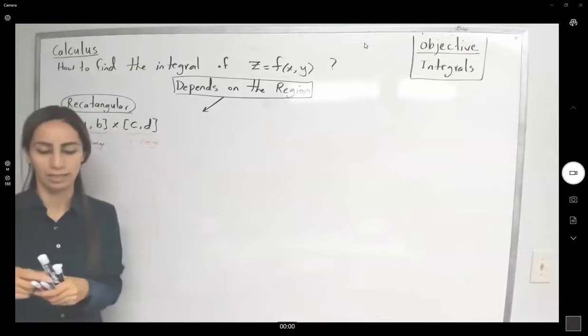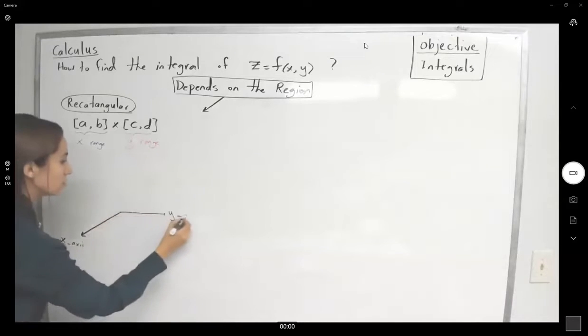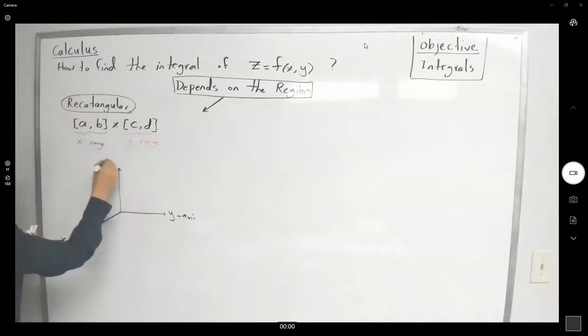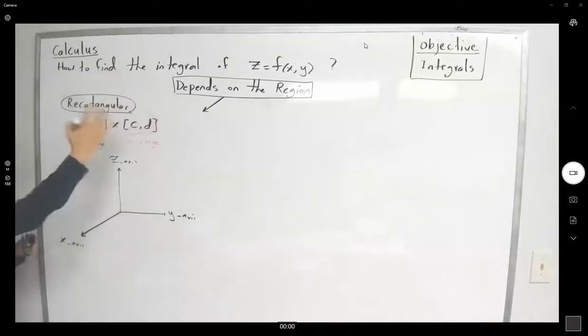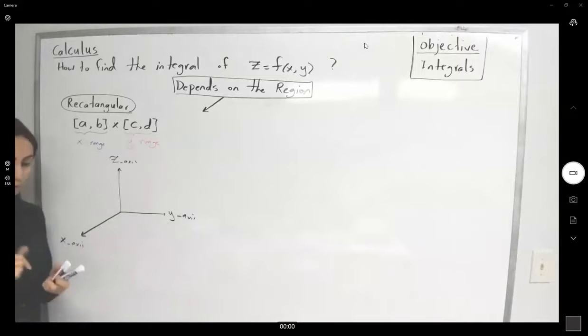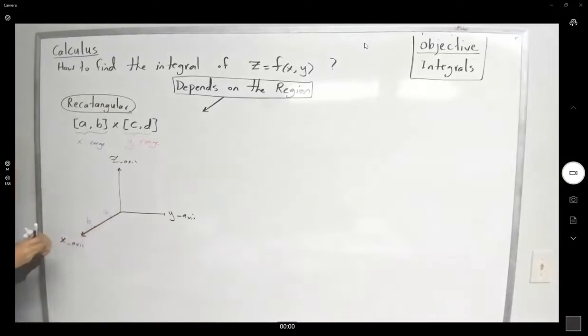So how do we visualize that? The visualization is like this. Here you have your x-axis, then you have your y-axis, and then you have your surface, whatever it is, on top or below, the z-axis. So this region is going to be part of the domain in the xy plane. So we're going to have a to b, then c to d.